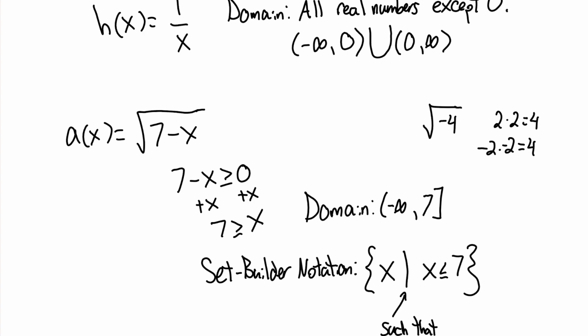So we write it as x such that x is less than or equal to 7. So you write the variable that you're using on the left side of the bar here, and then you write the inequality on the right side of the bar here.